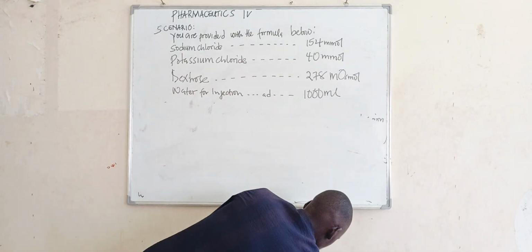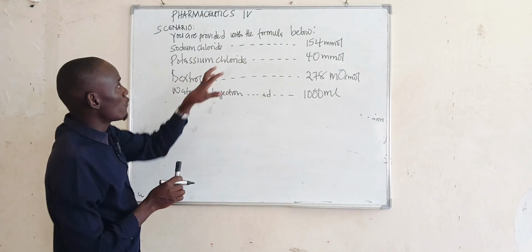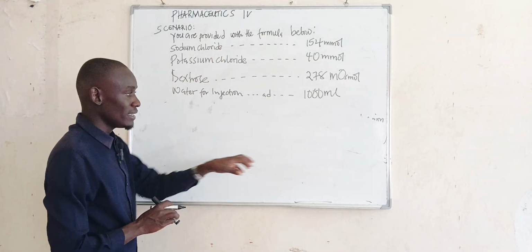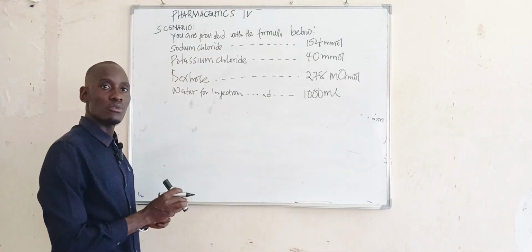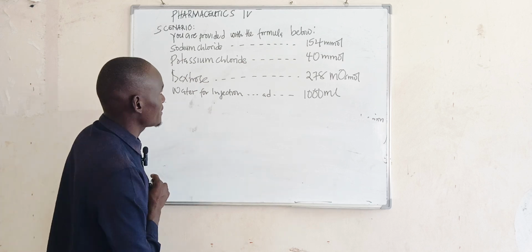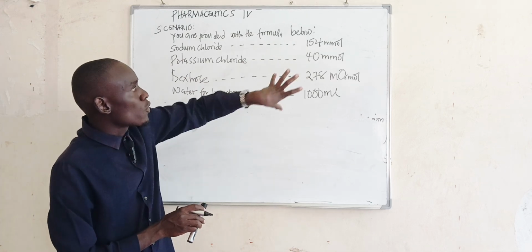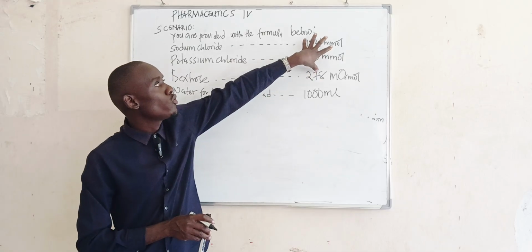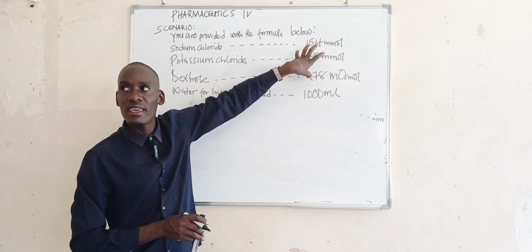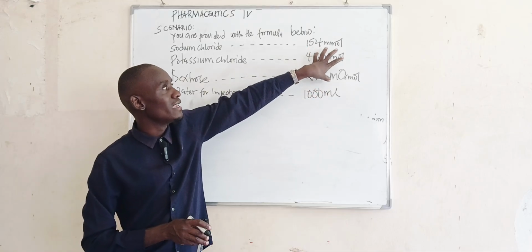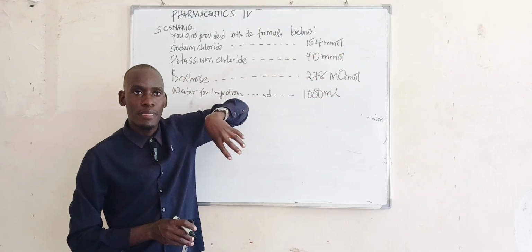So now, after knowing that this is our final volume of the preparation, we are now going to obtain the quantities of each of these ingredients required in the required volume of 1500. But remember, when preparing such an injection, you look at the units of the ingredients provided. The units given here are in millimoles.